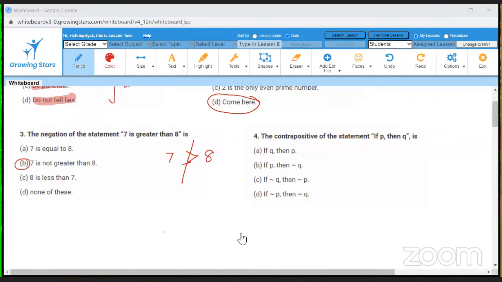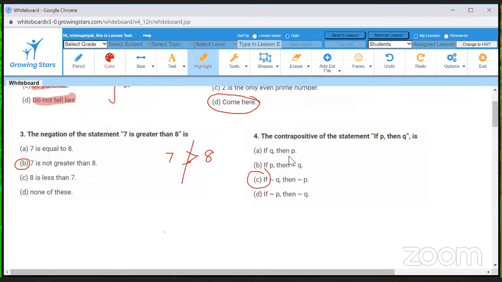Yes, correct. All are saying C. Yes, C is the correct answer.